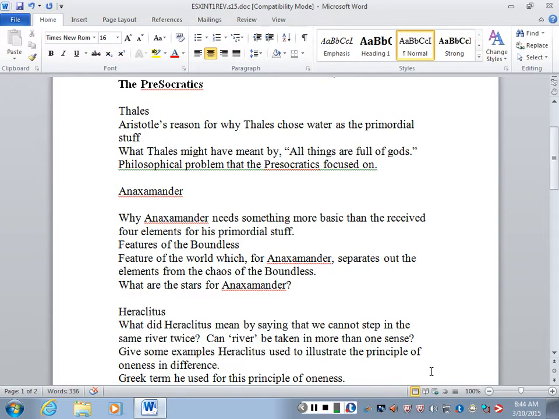But also, there's a problem of things changing into other things. These elements are paired as opposites, and he didn't see how a thing is going to change into its opposite.